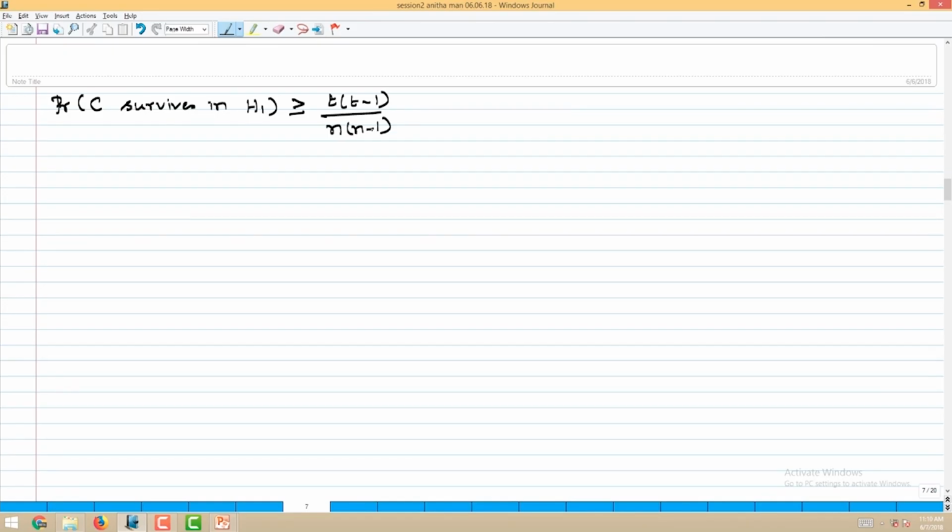Okay. Now, you substitute the value of T there, which is ceiling of 1 plus n by root 2 into ceiling of 1 plus n by root 2 minus 1 divided by n into n minus 1.